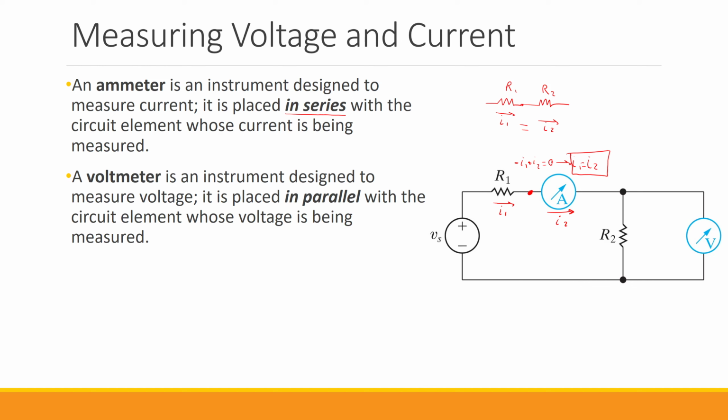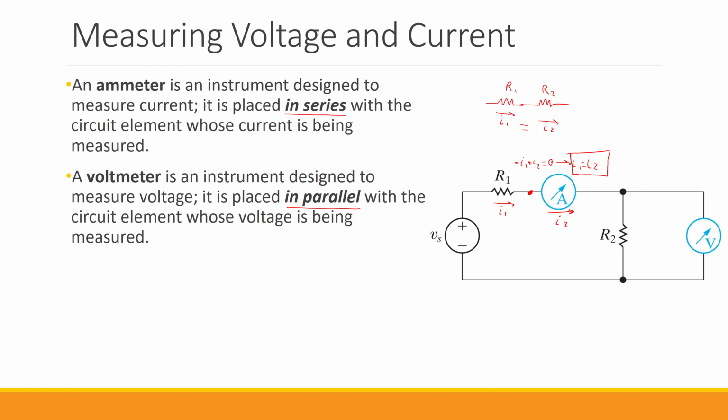On the other hand, a voltmeter is an instrument that is designed to measure the voltage of a component. And as opposed to an ampermeter, a voltmeter is placed in parallel with the circuit element for which we want to find the voltage. Why is that?